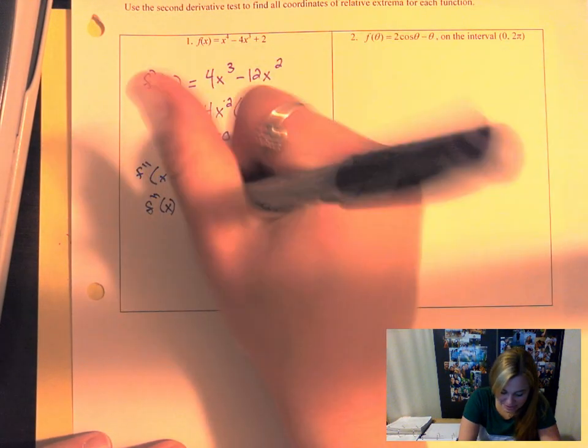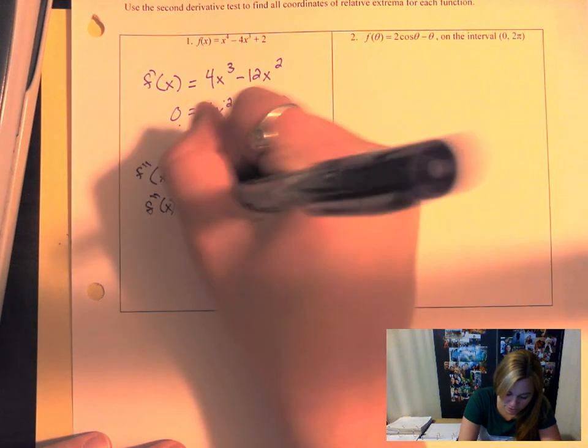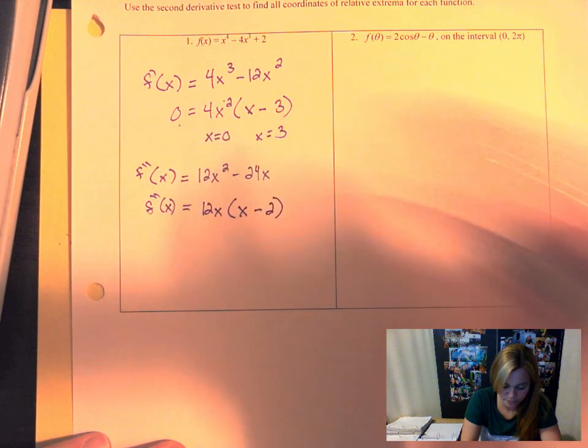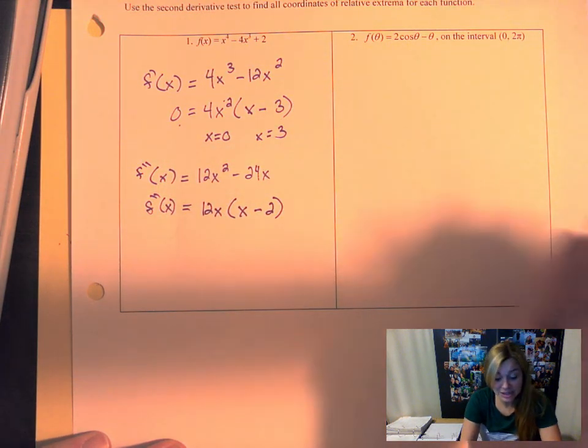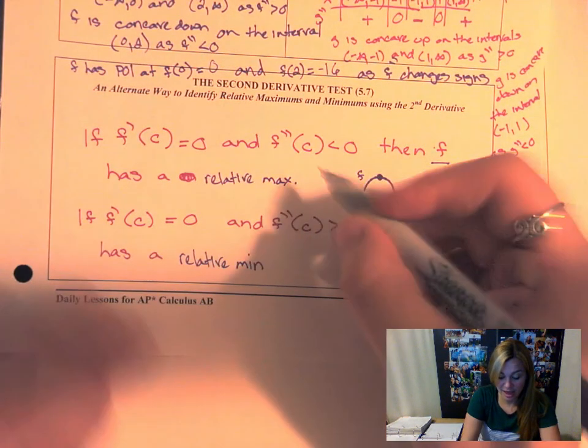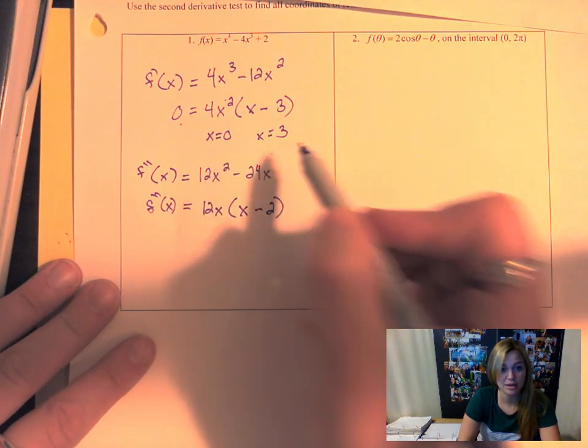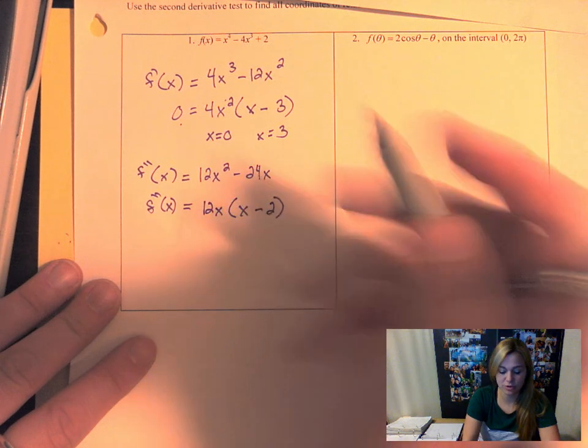So this would be 12x times x minus 2. All I need to check then is whether f double prime of c, in this case 0 and 3, is positive or negative.